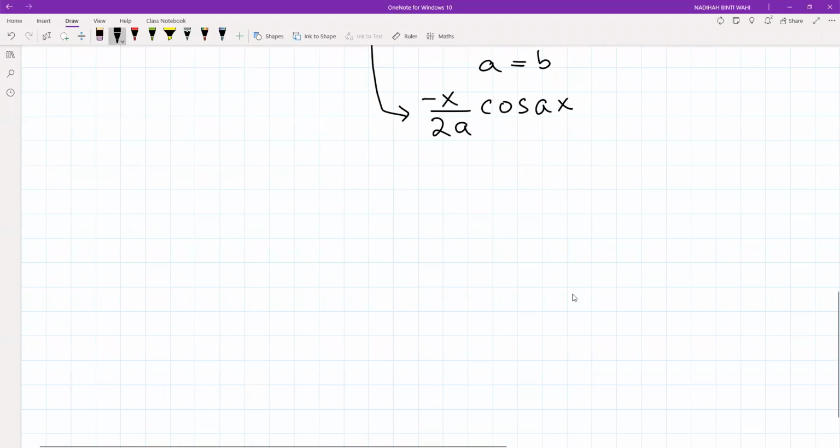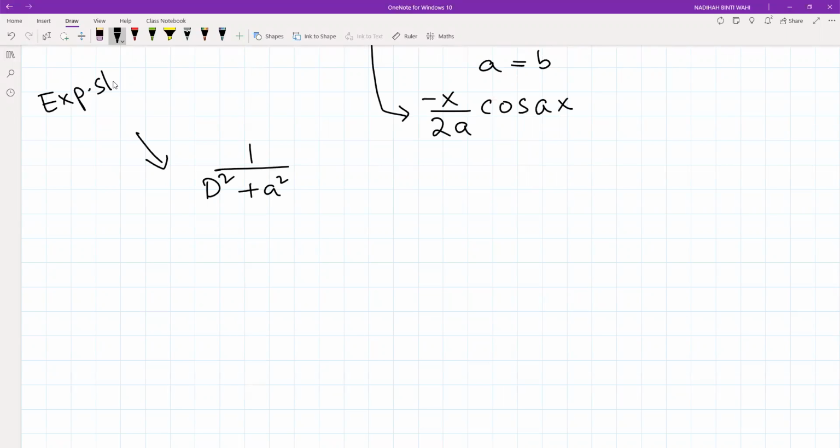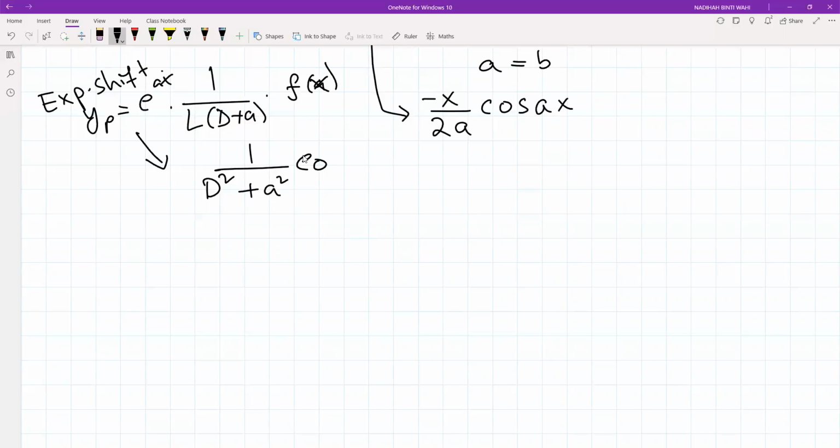So kalau saya ada, if I have 1 over D squared plus A squared. So remember that this is for when you evaluate, use exponential shift. Kemudian saya nak evaluate YP sama dengan e to the AX 1 over D plus A of F of X. Okay, so tiba-tiba dapat benda ni dan dapat tadi cosine ke sine?